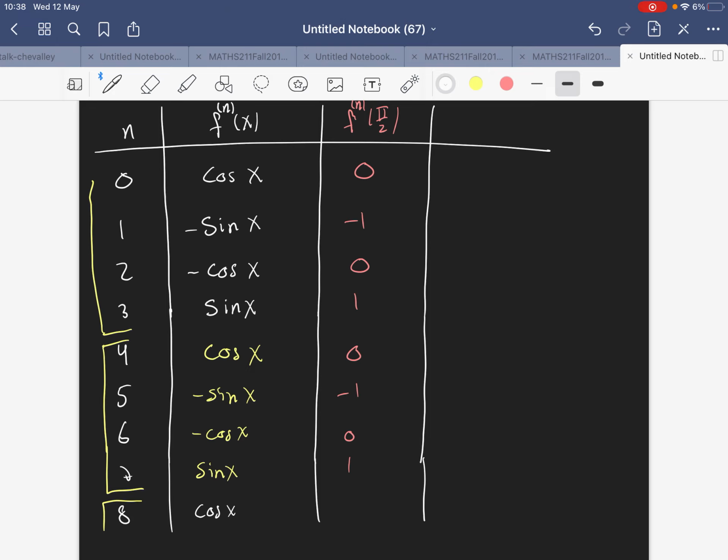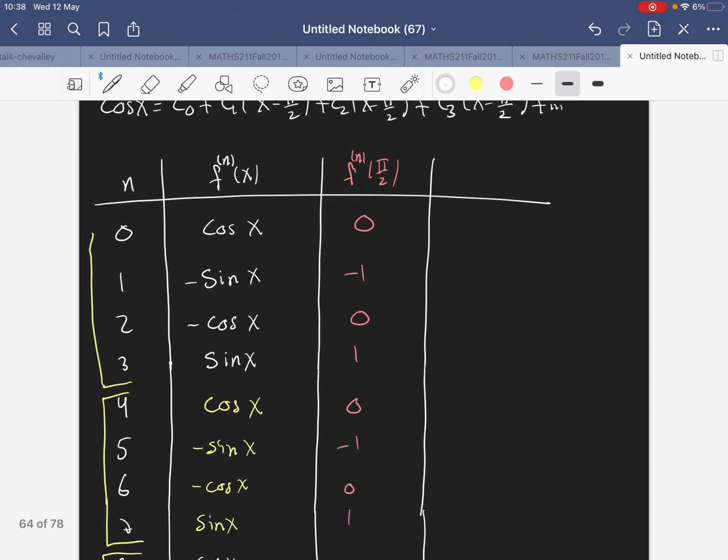Keep in mind, the odd terms are surviving and they are also alternating: negative, positive, negative, positive. So we have alternation, that's the first remark, and it's only odd. Keep this in mind, it will be useful in a minute.